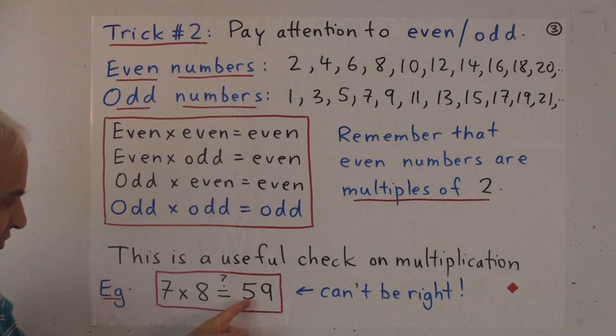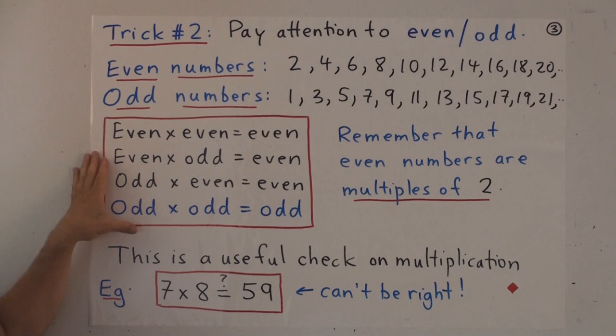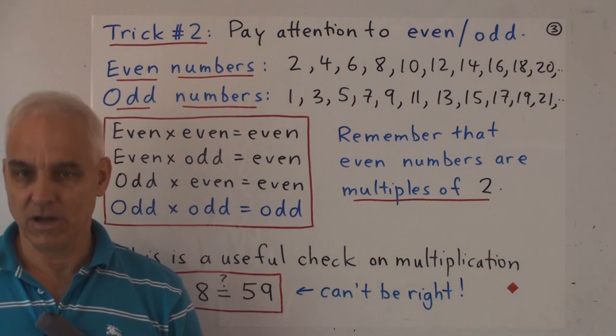So there's no way that that could be 59. It couldn't be 57 either. It couldn't be 55. It has to be an even number. In fact, 7 times 8 is 56, which of course is an even number. So this is a very useful rule to remember to check your multiplications.